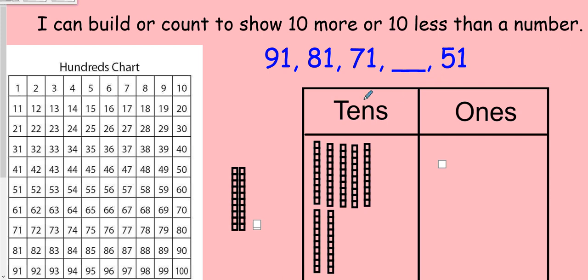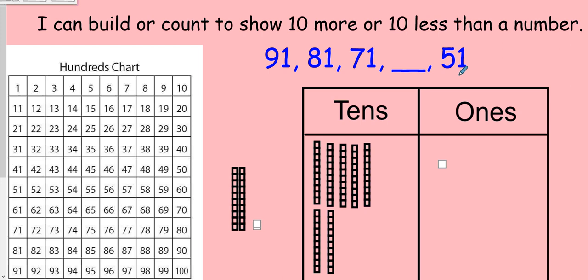Now let's look to see if we are counting down by ones or by tens. Let's check the ones place first. There's a 1, there's a 1, there's a 1, there's a 1. So do you think we are counting down by ones if the ones stayed the same?